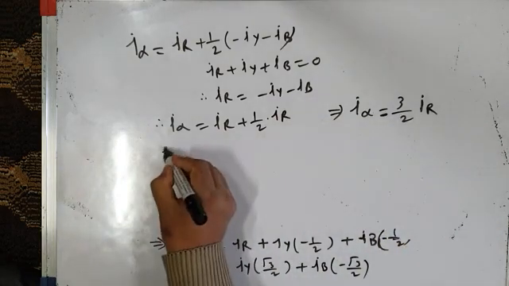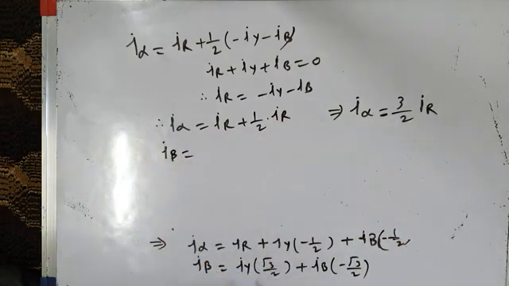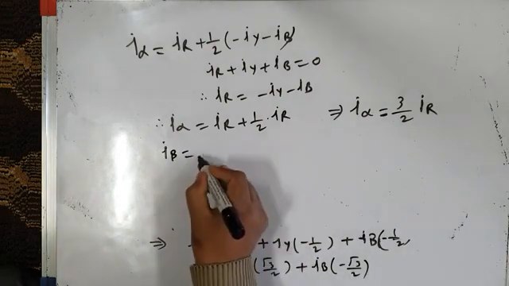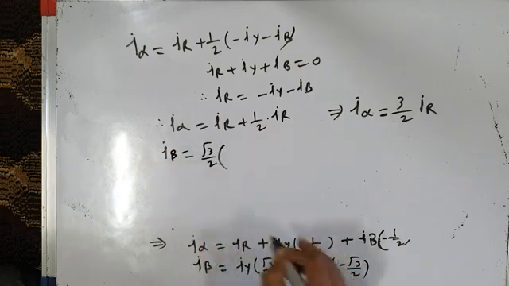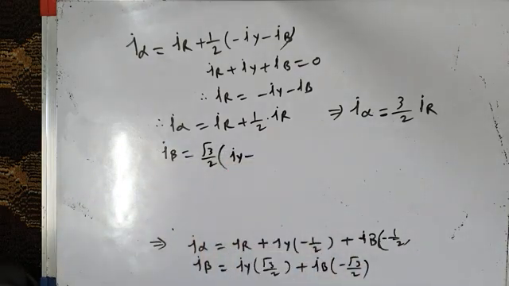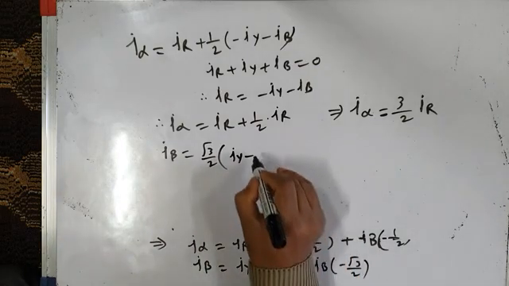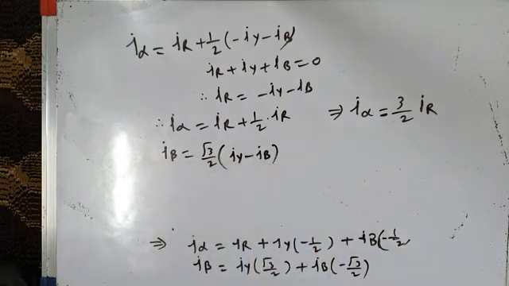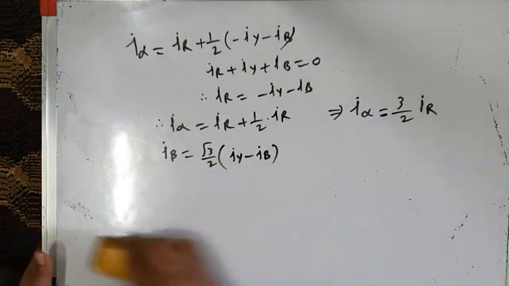What about I beta? I beta is root 3 by 2 Iy. So I can take root 3 by 2 outside, so it is Iy minus Ib. So therefore I have got two very important equations.